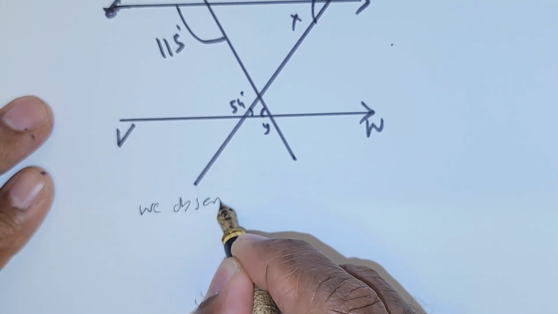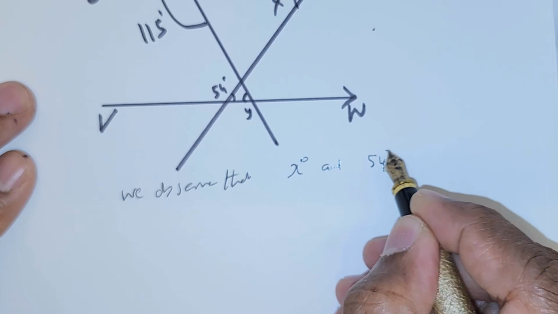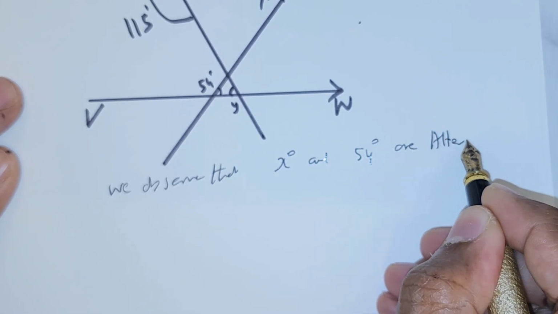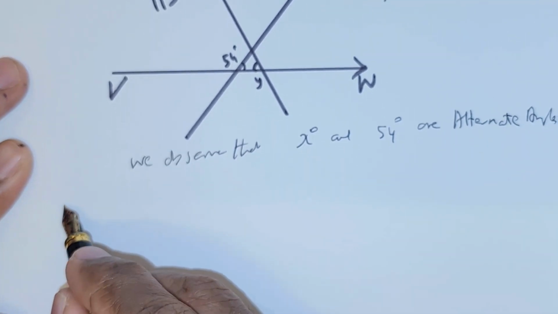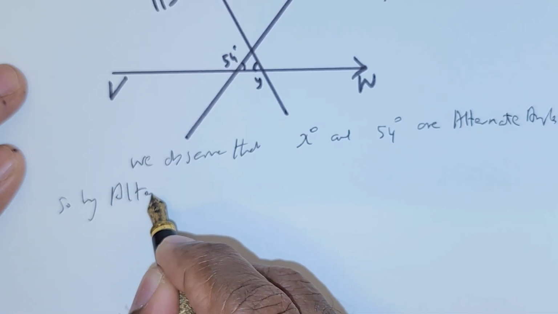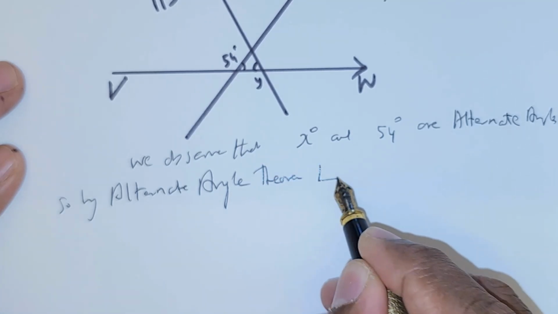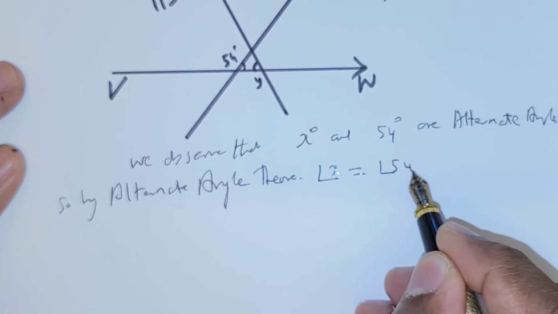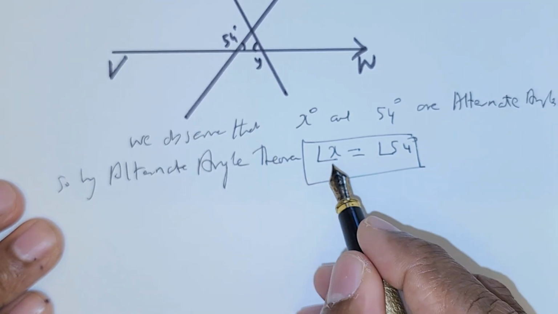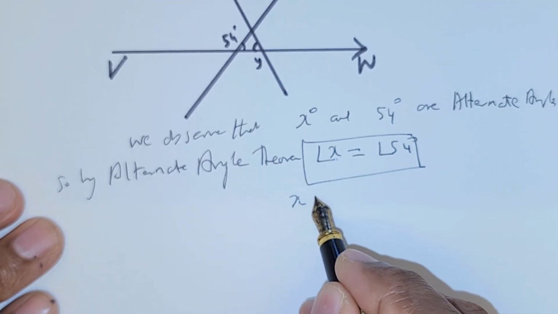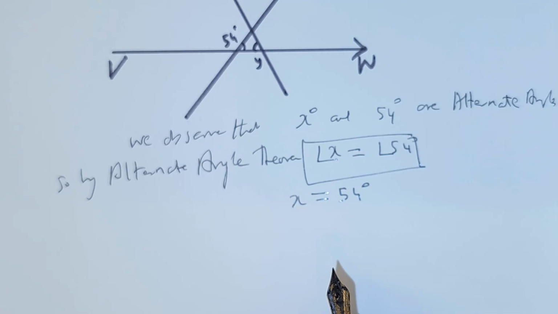We observe that x degrees and 54 degrees are alternate angles. So by the alternate angle theorem, angle x will be equal to angle 54 degrees. So that's the solution for this question. You can write it like this, or you can also write it like this. So x is equal to 54 degrees.